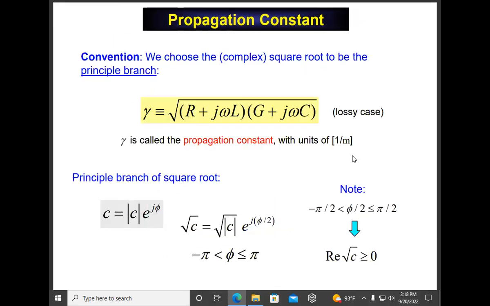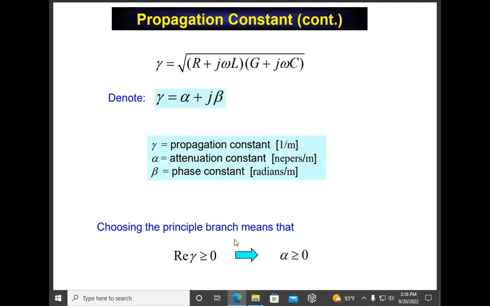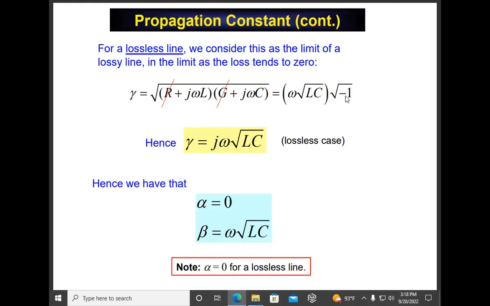What's the phase angle of -1? We call it pi. Cut it in half, pi over 2. E to the j pi over 2 is j. So this goes to plus j, according to our agreement with the principal square root.